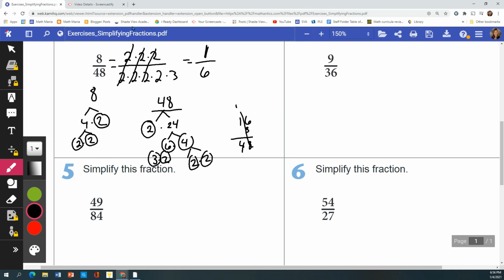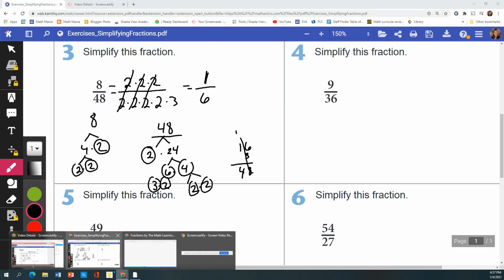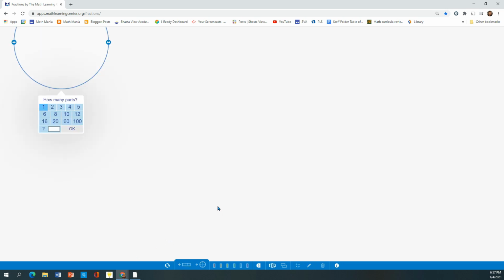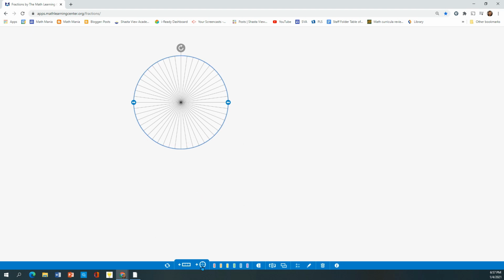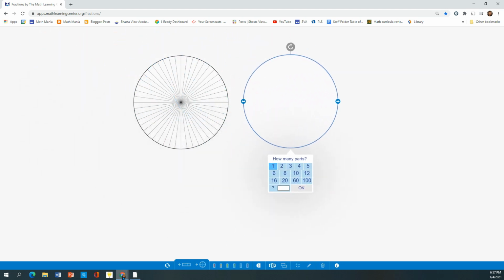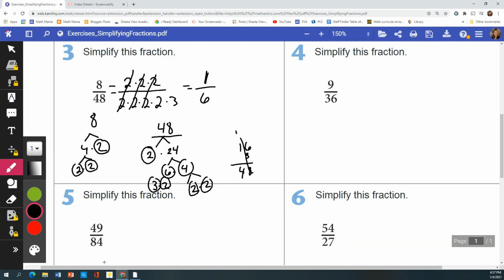So we're going to go to our visual diagram here, and I'm going to show you that. So it's 48. I'm going to type in that number, 48. And then my other one is going to be 6.